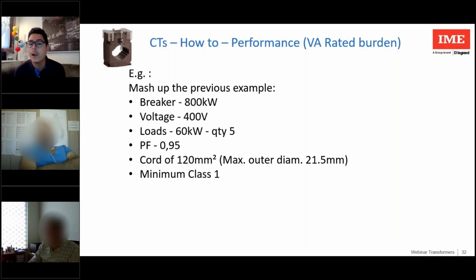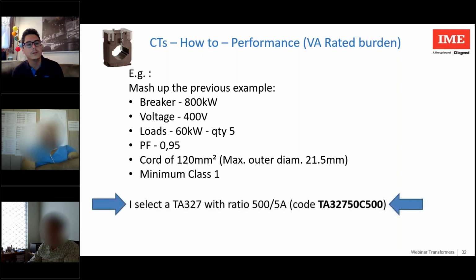The cable is 120 square millimeter, and I need a minimum of class 1 because I need a measure class with a low level load, for example. So I select a CT called TA327, with the ratio 500 to 5 amp.